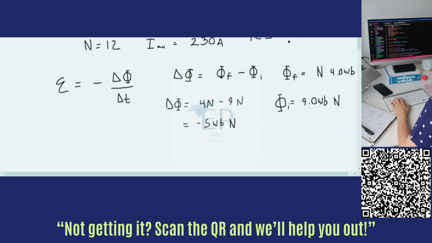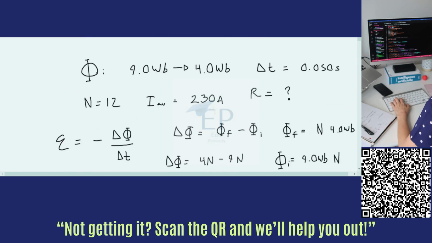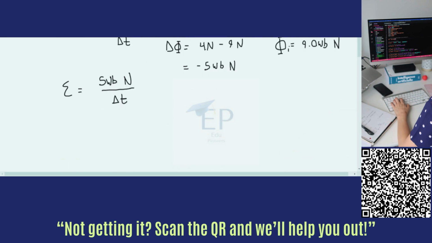So if we plug that in, we'll have that our induced EMF is going to be minus of minus 5 Webers times n, which is just going to be 5 Webers times n divided by delta t, where delta t in our case is 0.05 seconds and n is 12. So if we plug those numbers in, we'll be able to calculate our induced EMF.